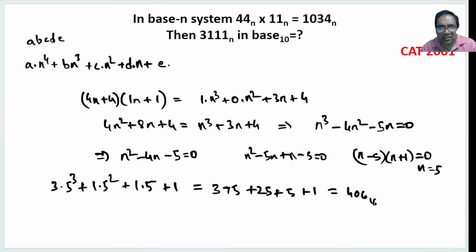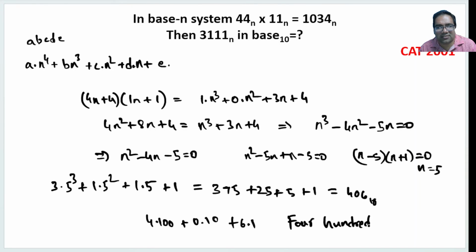All numbers that we generally write are in base 10. Don't get confused, base 10 is actually one of those representations. It is equal to 4 into 100 plus 0 into 10 plus 6 into 1. Just for convenience, we write it in the base 10 system. There are different ways. You can write it in text also, or you can use Roman numerals.